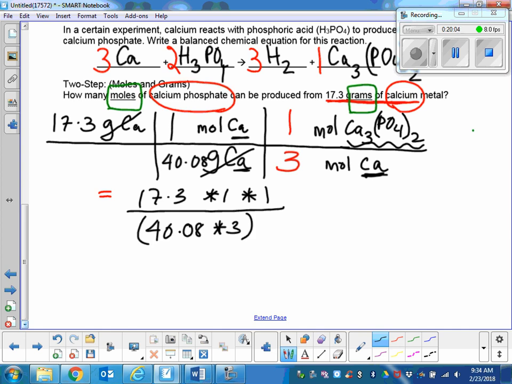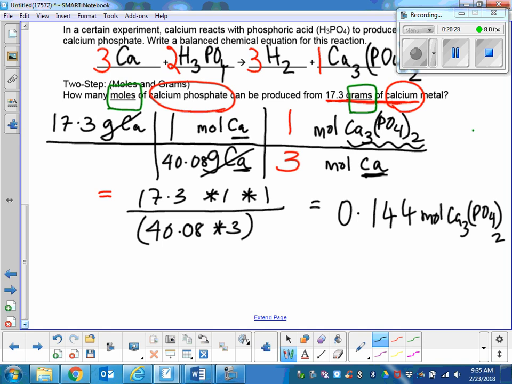Can you put this in a calculator and tell me what the answer is? Yes, Jacob. 0.14? 0.144, because it's three significant figures. 0.144 moles of calcium phosphate. Are we good? Do we understand that?